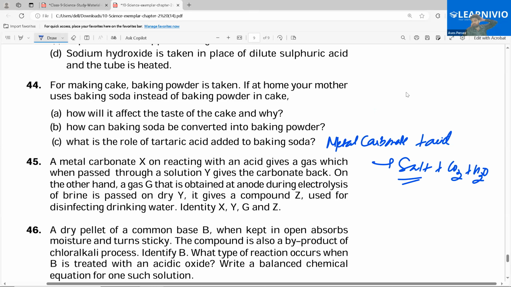Understood? So when a metal carbonate reacts with acid, it will give you CO2. And this CO2 is used for what? Can you tell me why this CO2 is used?